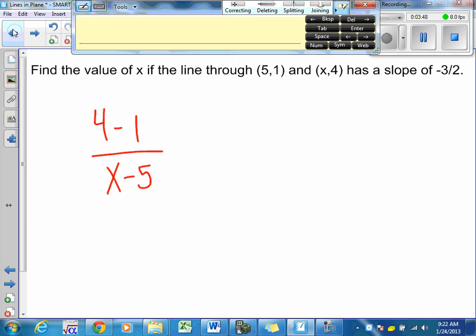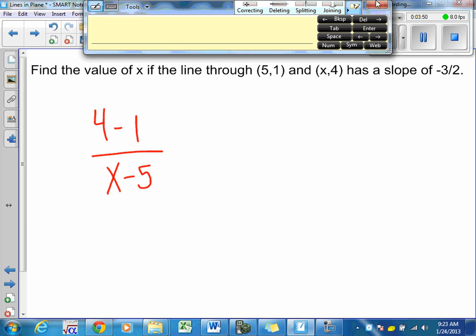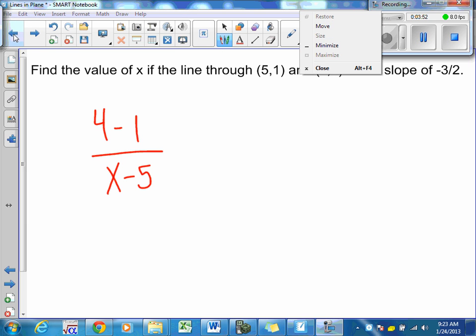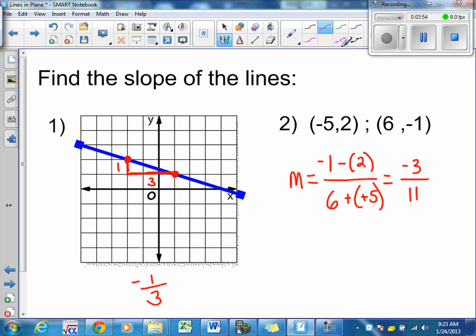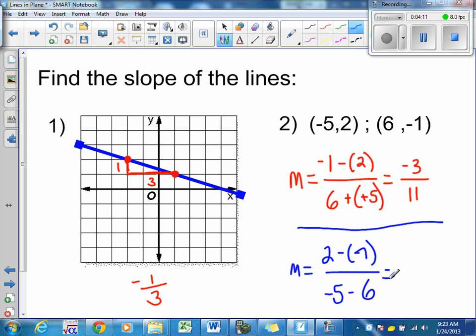Let me go back and show you something here. I just said either way, doesn't matter, but let's go back and show you that. If I come back to this, and let's say I switch the order, and I do 2 minus -1, over -5 minus 6. Notice what happens.